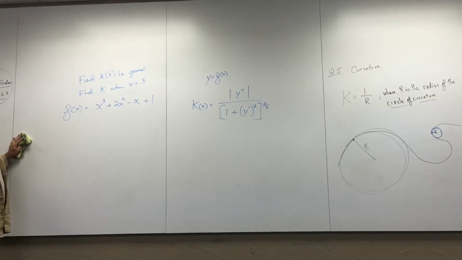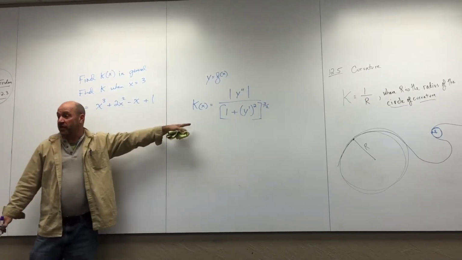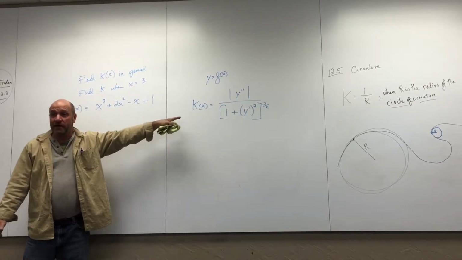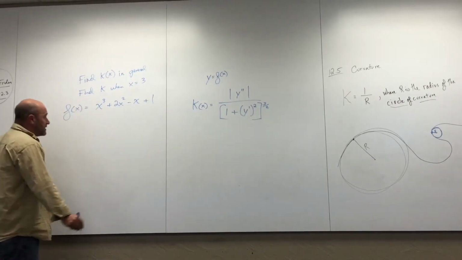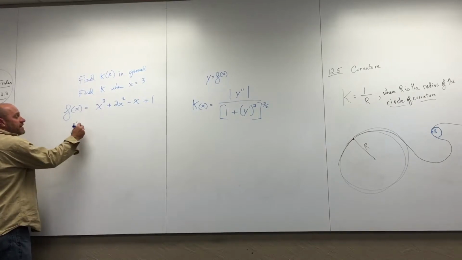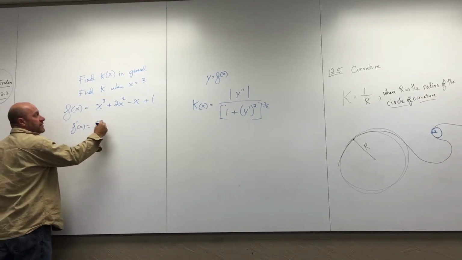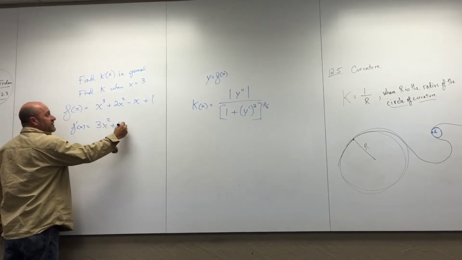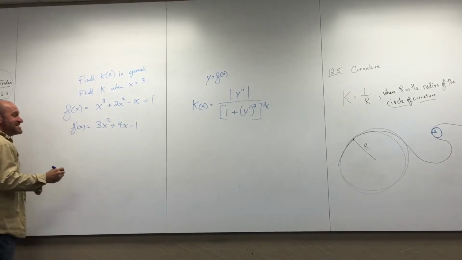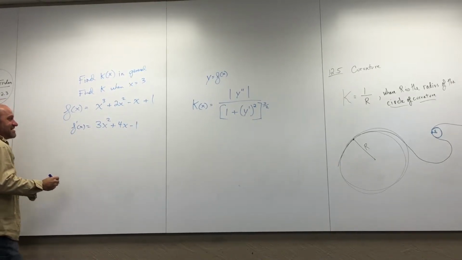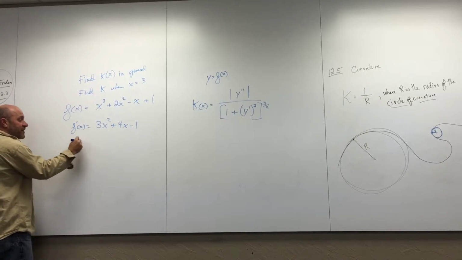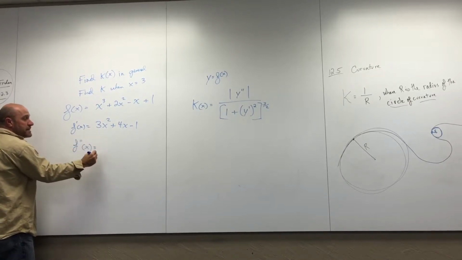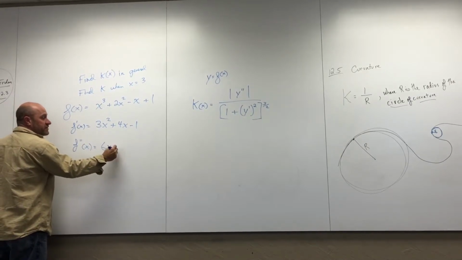Well, I want to find the curvature. If I want the curvature, I want that formula. If I want that formula, I need a couple of derivatives. So f prime is 3x squared plus 4x minus 1, and f double prime is 6x plus 4.